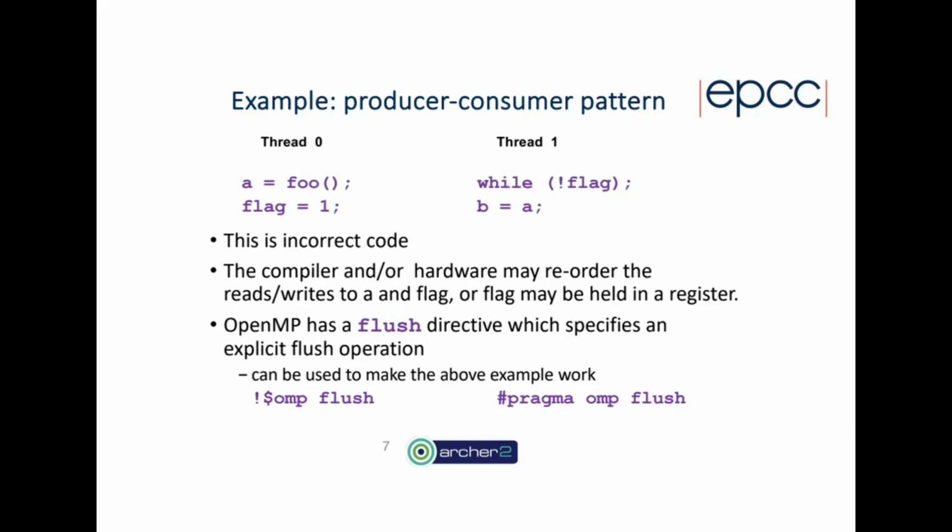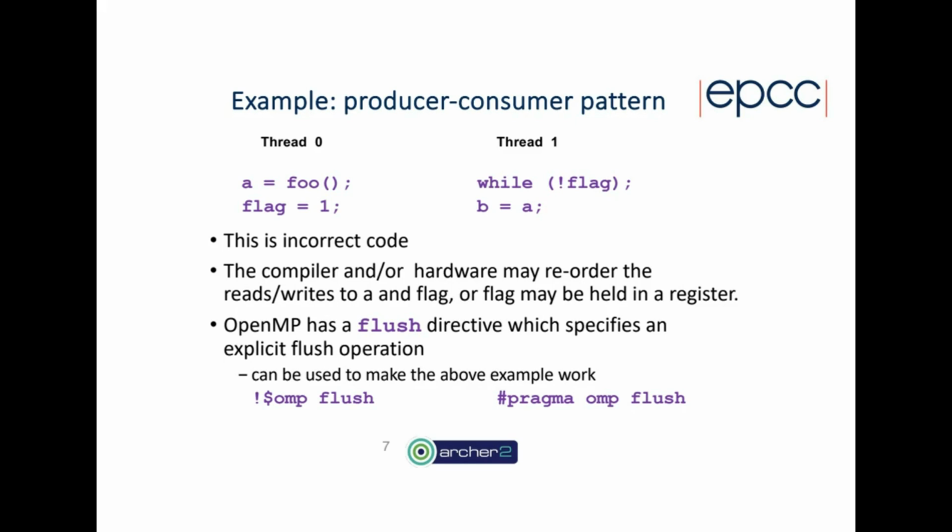The problem only happens if we try to use regular variables to synchronize threads, if we try to write our own code to do inter-thread synchronization without using OpenMP's inbuilt mechanisms.